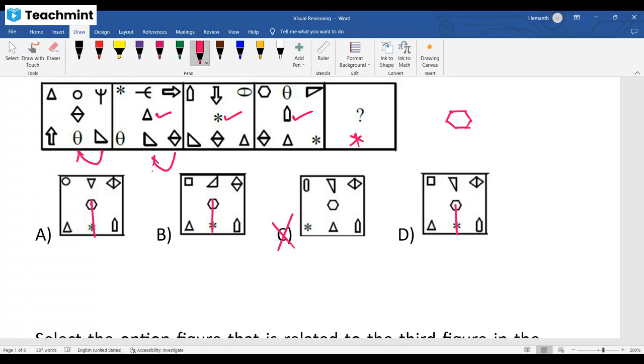Bottom left done. Top left, you calculate. In top left, at least one option will be eliminated, whether it is square or circle. Top left, you observe. What is there here? Star. Before that, top left, top left, top left. A new symbol is coming.